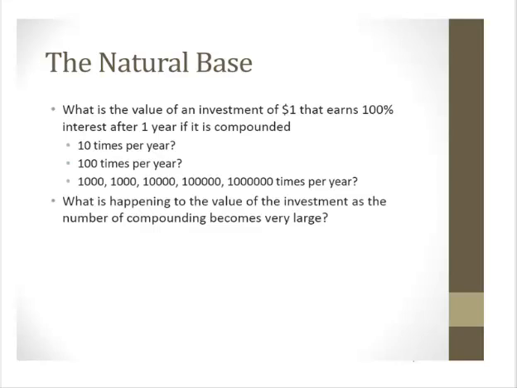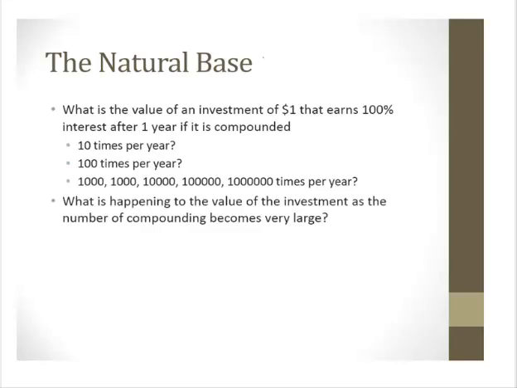So where does this number e come from? One approach to finding the value of e is to talk about compound interest. Now, we haven't discussed compound interest yet, and we'll do that in section 6.5.